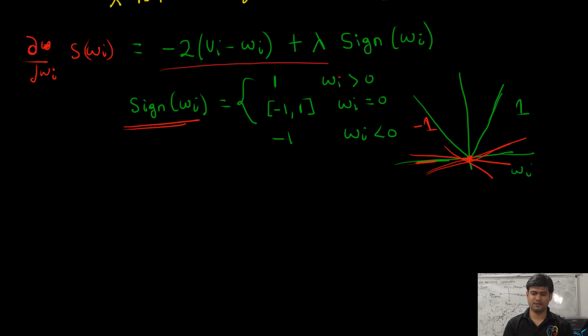So the optimality condition states that 0 should be contained in the subdifferential set at the optimal point. So we just set the subgradient of this to be 0 to obtain the solution for w_i as v_i is equal to w_i plus lambda over 2 times sign of w_i.